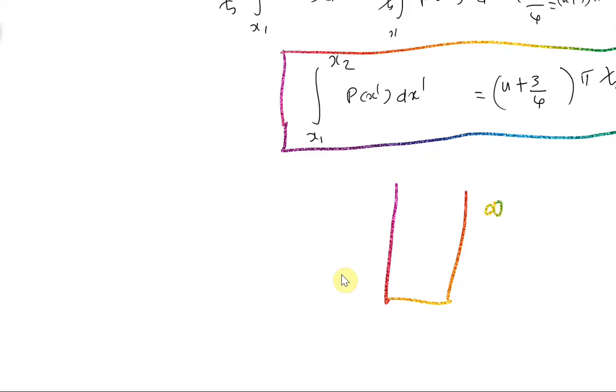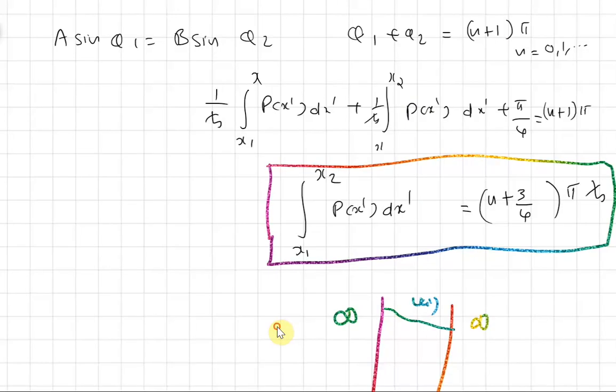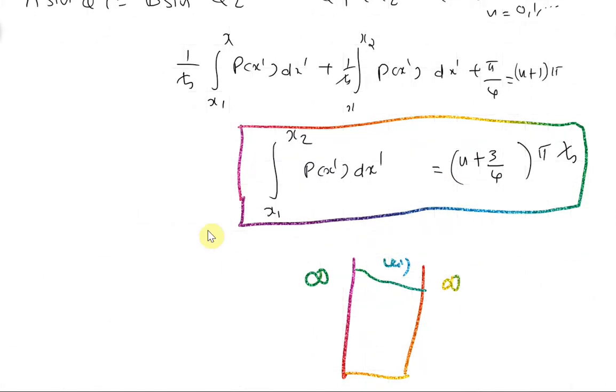So here it is infinity, here it is infinity, and you have a varying potential of some sort in this region. This is your v of x. If that is the case, what is going to be the quantization condition? See, if you know the quantization condition, you can calculate corresponding to each n value what is the energy from this expression.